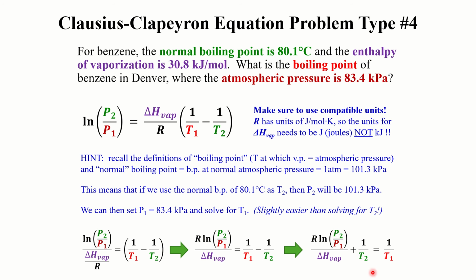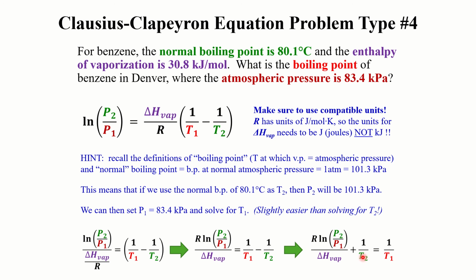To solve this one, you go ahead and plug in 101.3 kilopascals for P2. You can plug in 83.4 kilopascals for P1. Convert 30.8 kilojoules per mole to joules per mole and plug it in for delta H vaporization, plug in your ideal gas constant for R, and plug in 80.1 degrees Celsius for T2.